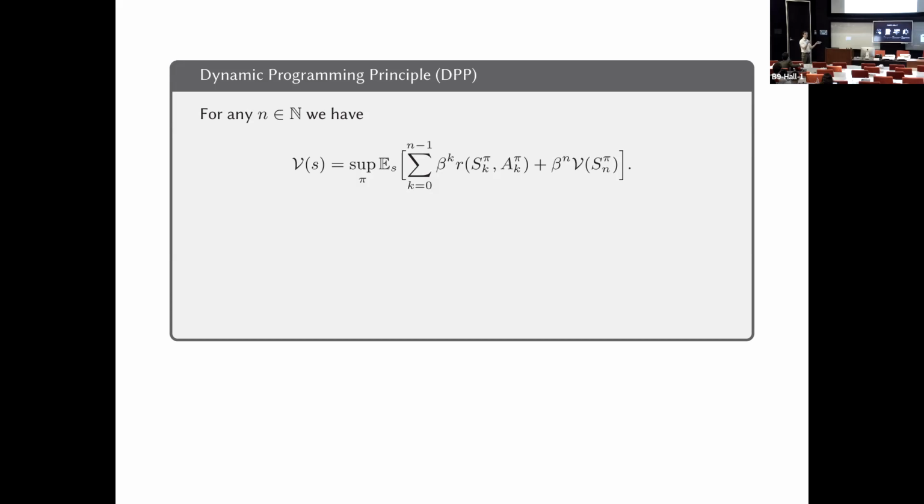So this is splitting up your time period into 2 sub-periods. You assume you know how to act optimally from time n onwards. Then everything you have to do is just optimize the state at time n. And that's the same as optimizing from the very beginning all the way to the end. In that sense, it's time consistent.